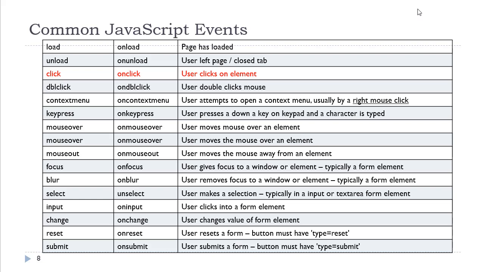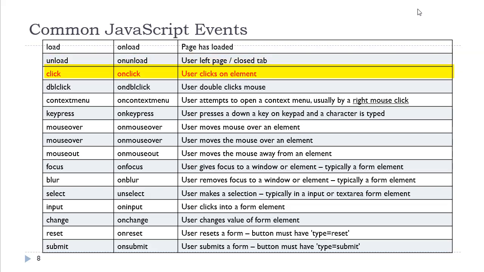So here is a list of common JavaScript events. We have the load event and the onLoad event handler, meaning the page has loaded. We have the unload event and the onUnload event handler, meaning the page has closed, the tab has closed, the user has left the page.